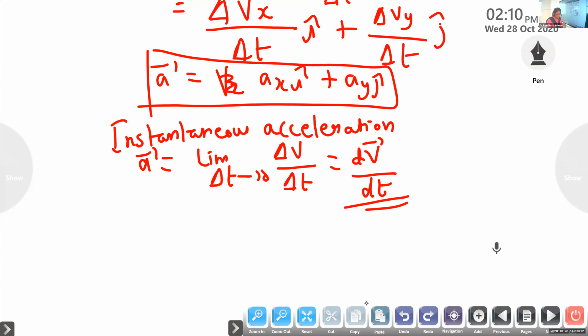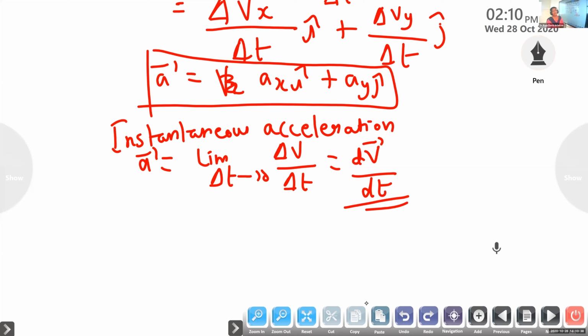Now, the equations of motion. How can we represent the three equations of motion in terms of vectors? No derivation, I will just directly write the three equations. That's enough for us. Here we consider a constant acceleration.